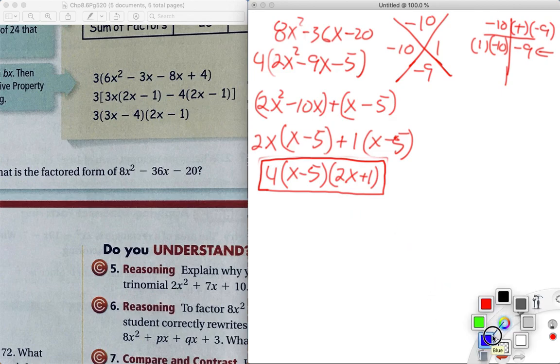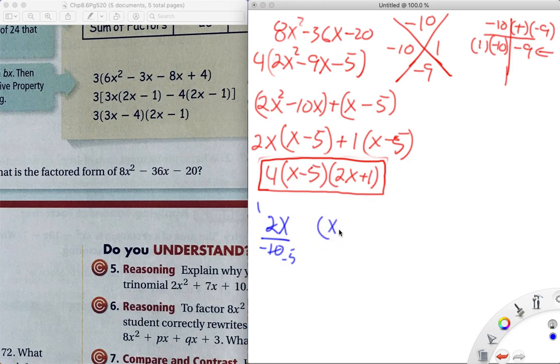Again, doing it the other way, you have that 2, the a term, and then the x variable, and I can divide it by negative 10. And simplify, that turns into negative 5. That turns into 1. So the numerator is the first term. The denominator is the second term, including the sign. So if it's negative 5, it's going to be x minus 5. Again, 2x for the a term and the variable.